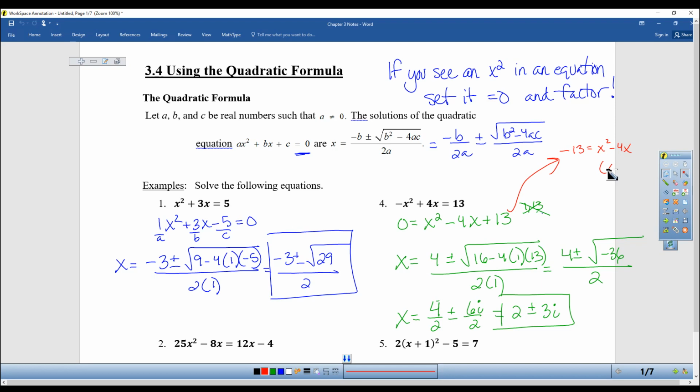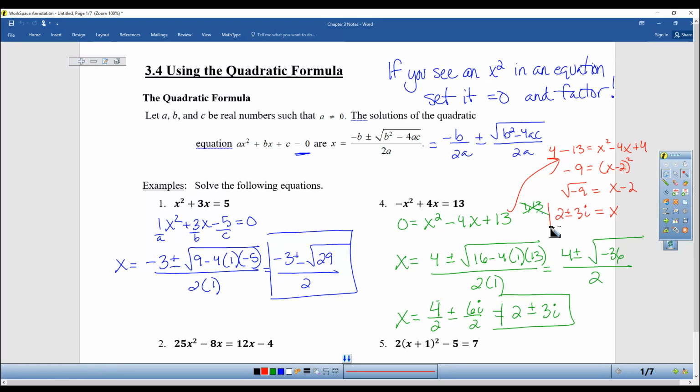I complete the square by taking half, writing my square, and then now I know what I need to add to both sides, which is a 4. So that gives me negative 9 on this side. Then I square root both sides. Square root of negative 9 is equal to x minus 2. I add the 2 to the other side, and the square root of negative 9 is 3i.